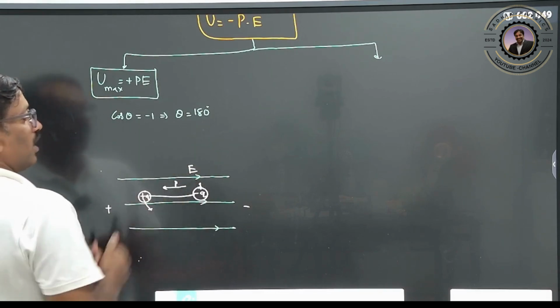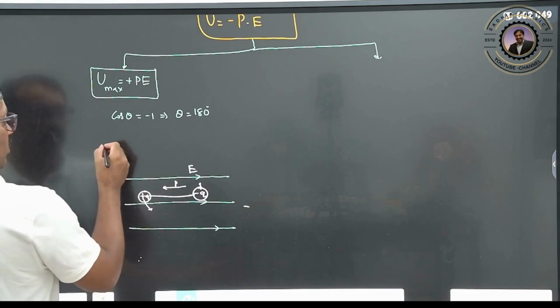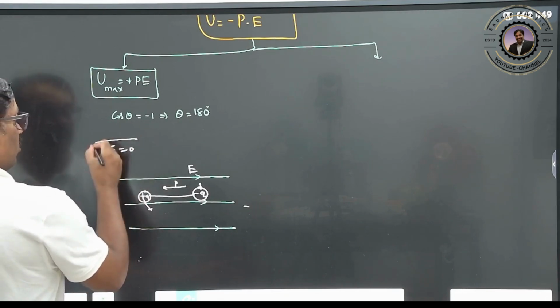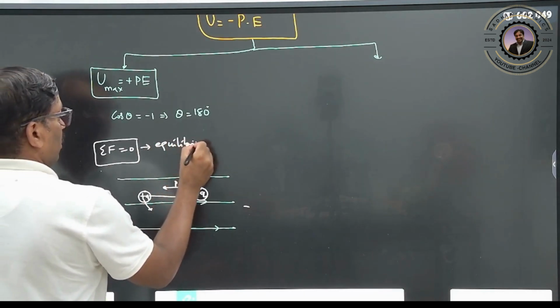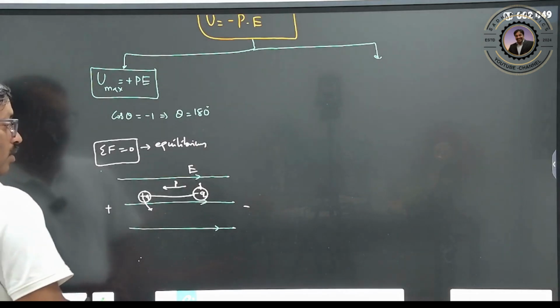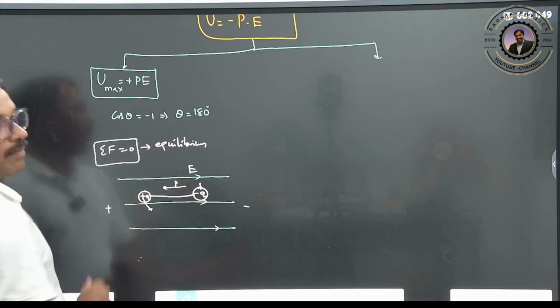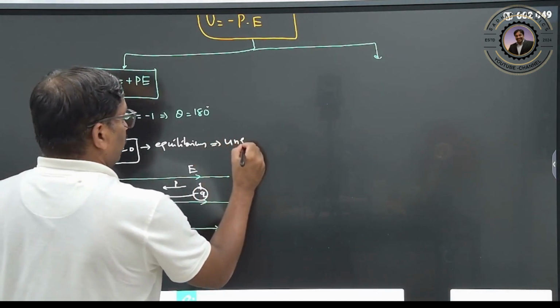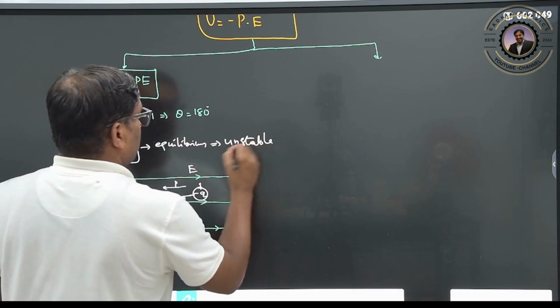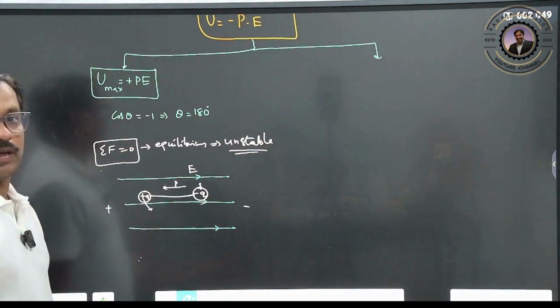Here the net force is equal to 0, so it is in equilibrium. But once it is disturbed, it will never return back. That is said to be unstable equilibrium. So this is the condition for unstable equilibrium, right?